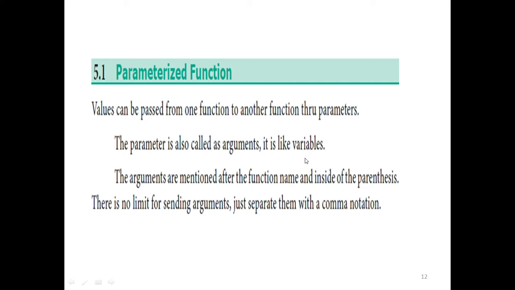It is like a variable. The arguments are mentioned after the function name and inside the parentheses. There is no limit on sending arguments, just separate them with commas. For example, if you apply two variables a and b, you put them in the brackets as a comma b. We simply call them arguments. This is a parameterized function. You refer to the example in your book.